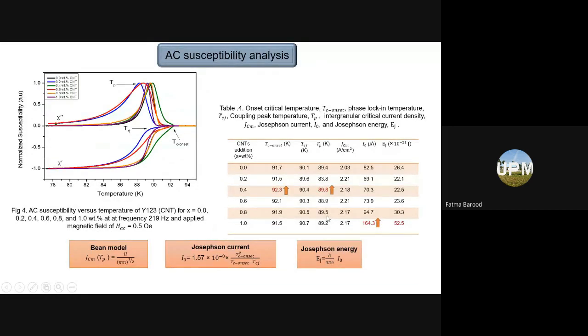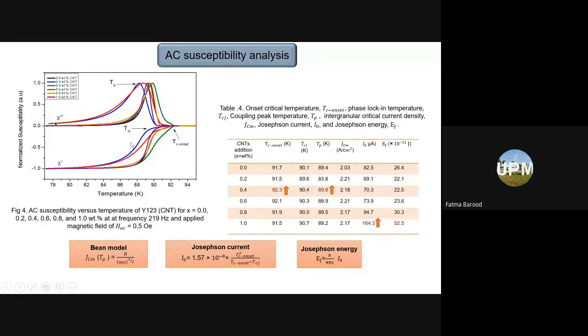For AC susceptibility, we can measure the transition temperature. So this graph shows the real and imaginary parts of normalized AC susceptibility.